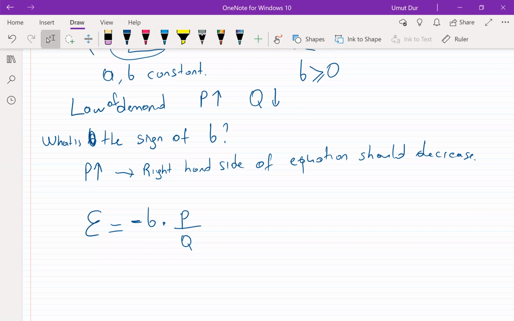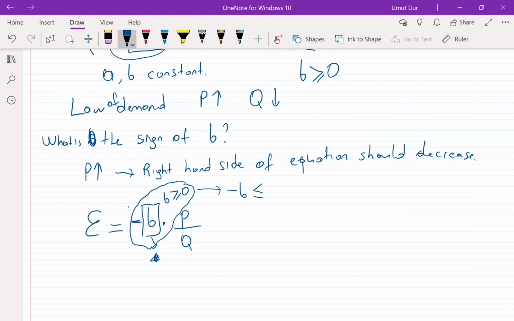So once we reconsider this part, we have said that B is greater or equal to 0. Then this part, minus B, is always less than or equal to 0. What about this fraction?